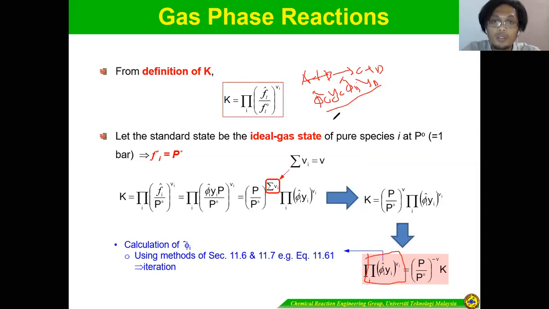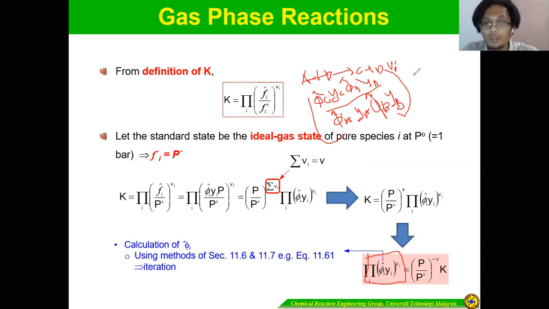This one is for the products and this one is for the reactants, and i is for each species. Then it is equal to P divided by P naught, to the power of the total stoichiometry, times K. So you have to remember that one.